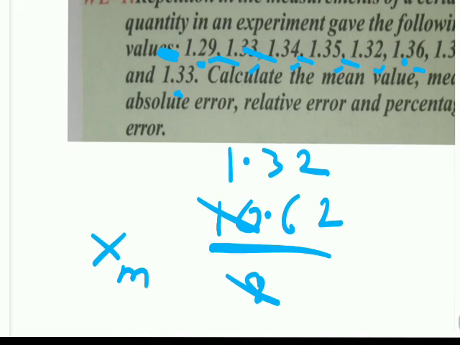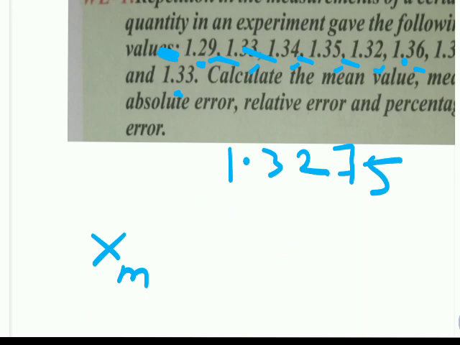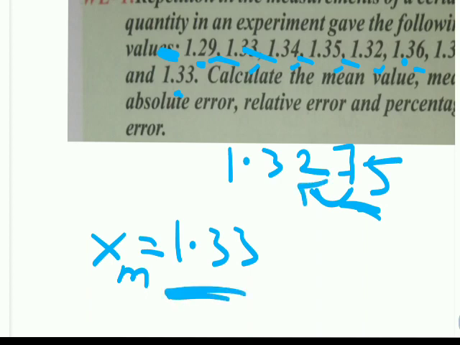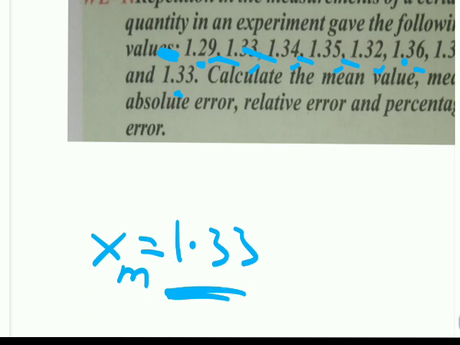Next value, 7s, 5s. So the mean value is 1.3275. Arranging to 2 digits, the mean value is 1.33. Rounding to 2 digits, this is the xm value.